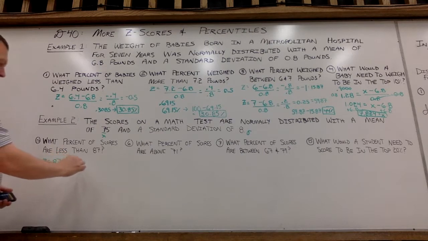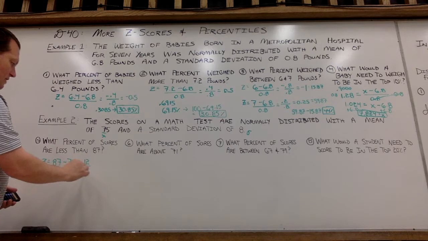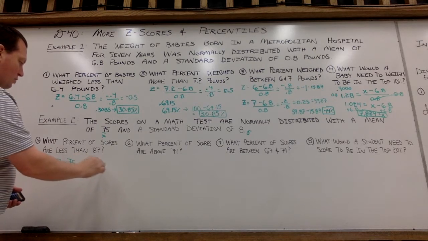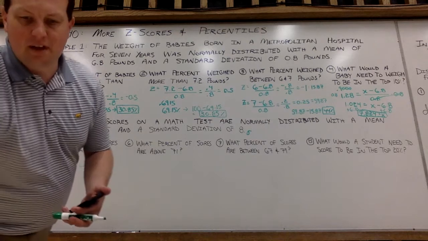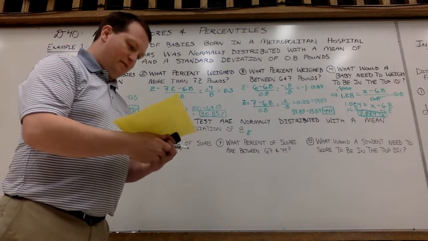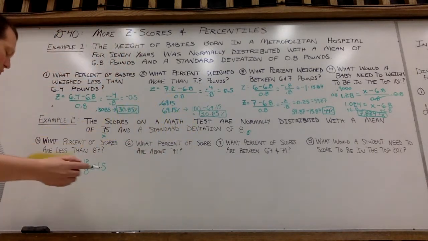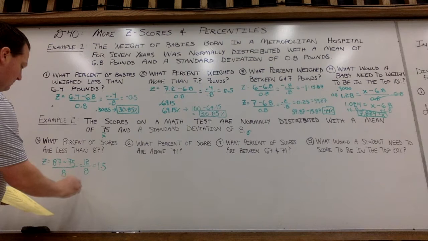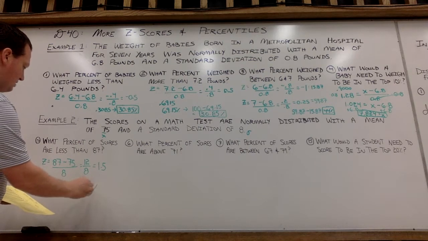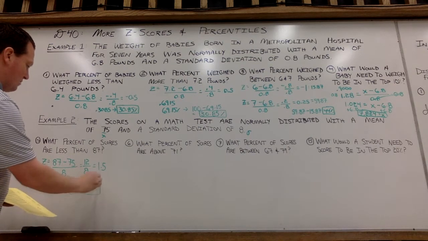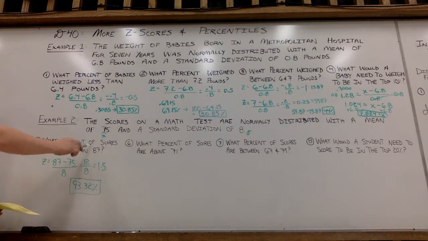So 87 minus 75 is 12. 12 divided by 8, 1.5. So I'll go to my standard normal table, positive 1.5, and get 0.9332. So 93.32% of all scores would be below a 87.